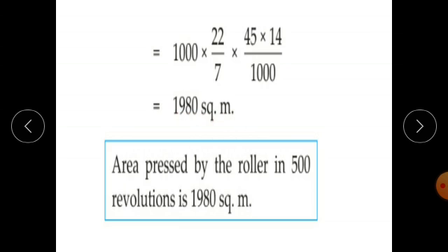So the area pressed by the roller in 500 revolutions is 1980 square meter.